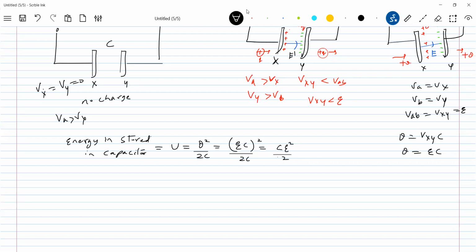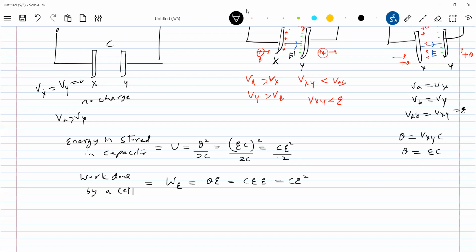So work done by the cell should be equal to Q into E, positive, because positive charge leaves the positive terminal. And Q is equal to CE. Look at this. The cell does work CE square. Half of it will go into the capacitor.